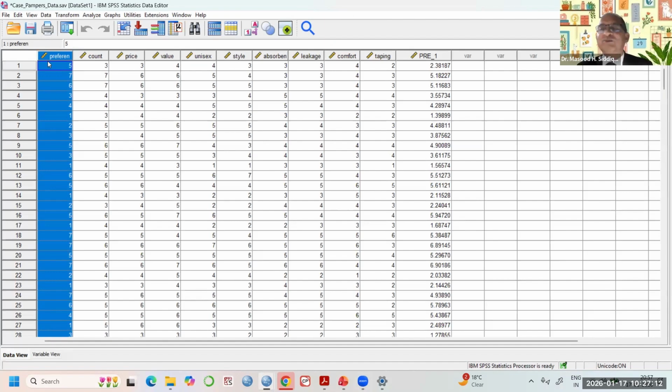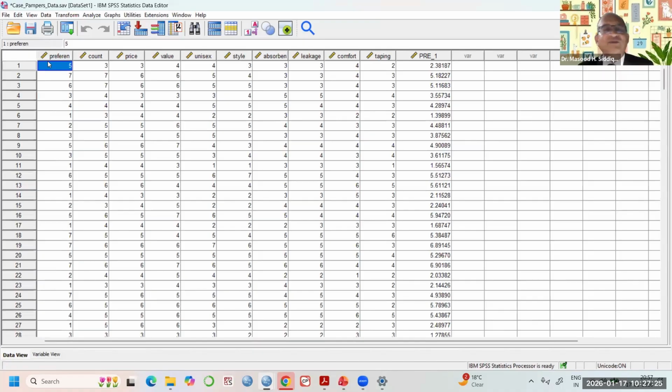So what we observe is that these numbers are different. So we may say that there is variation in the y variable. Preference values are different, which means there is variation. Let us call this variation the total variation.